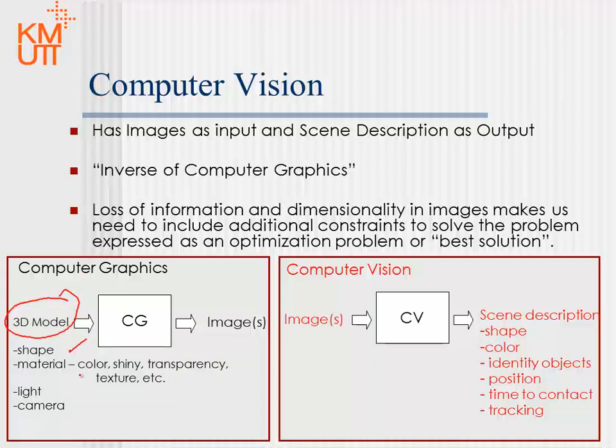For example, you have the shape of the object. They tell you what color, how shiny it is, how transparent it is, what texture mapping is on it, where the light's coming from, where the camera is. So out of all this world model, you generate a video or you can just generate a single image.